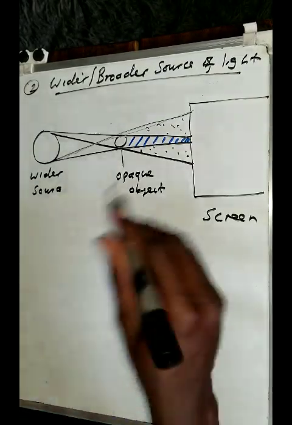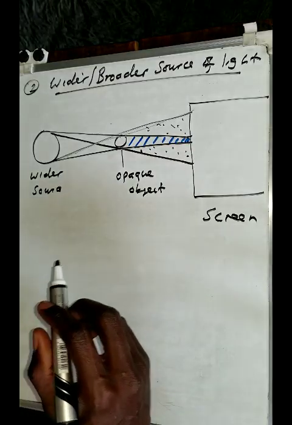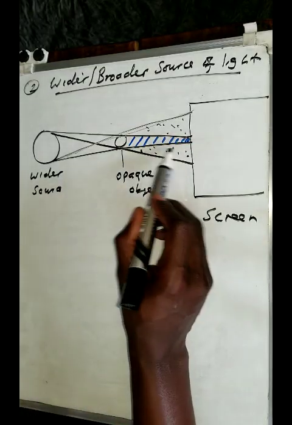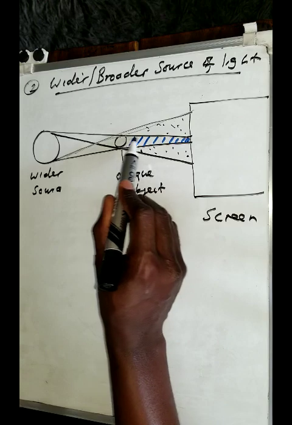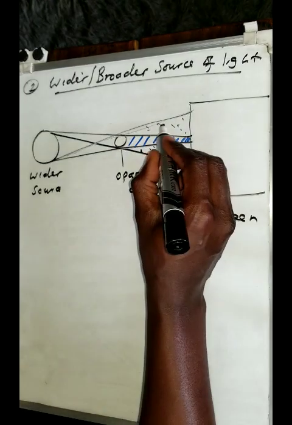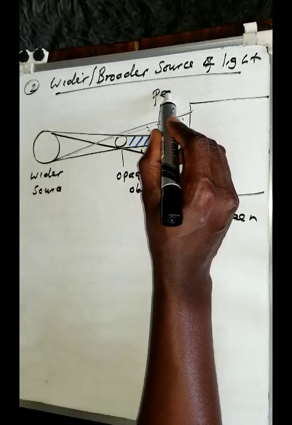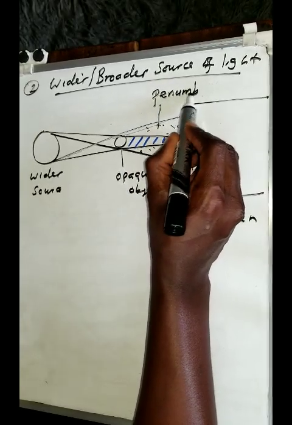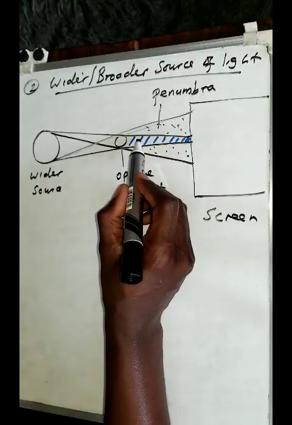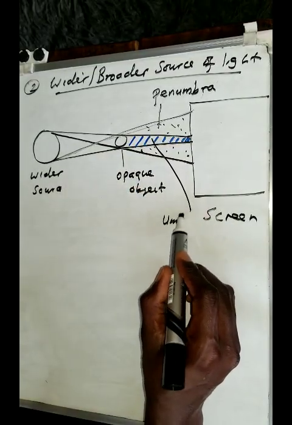In other words, the dotted region is not completely dark because some light is falling on it. But the one that I've painted blue will be completely dark. So the dotted one is what we call the penumbra, and the one painted in blue is what we call the umbra.